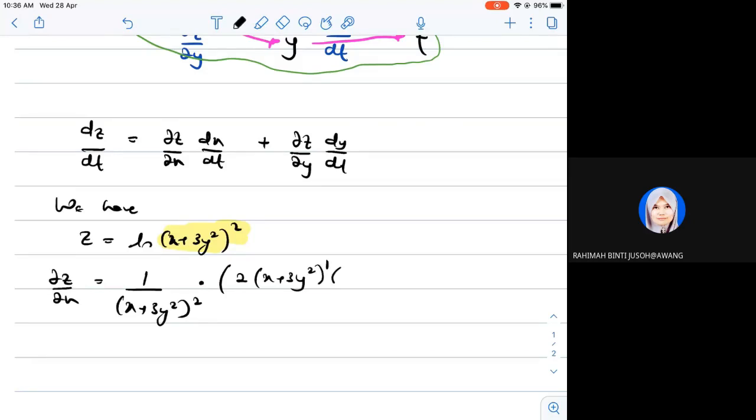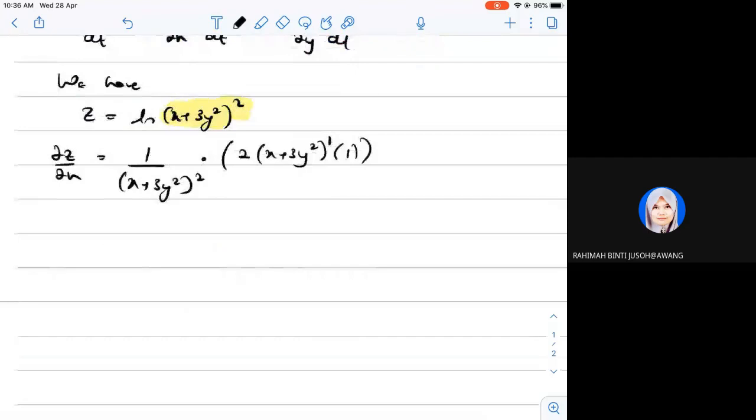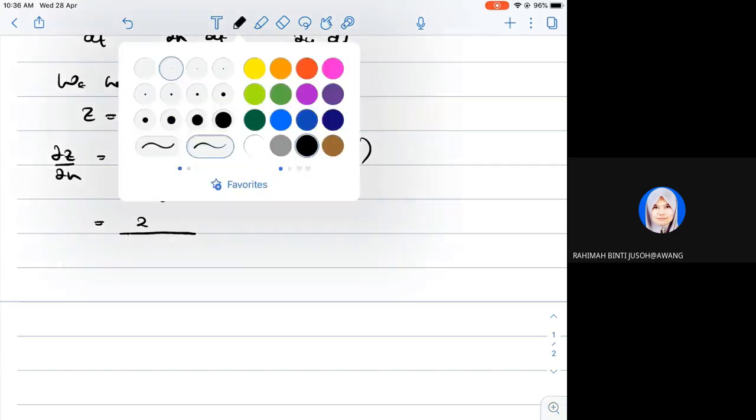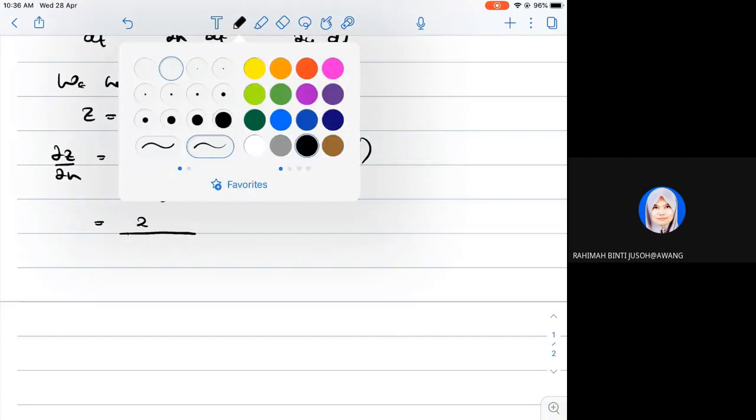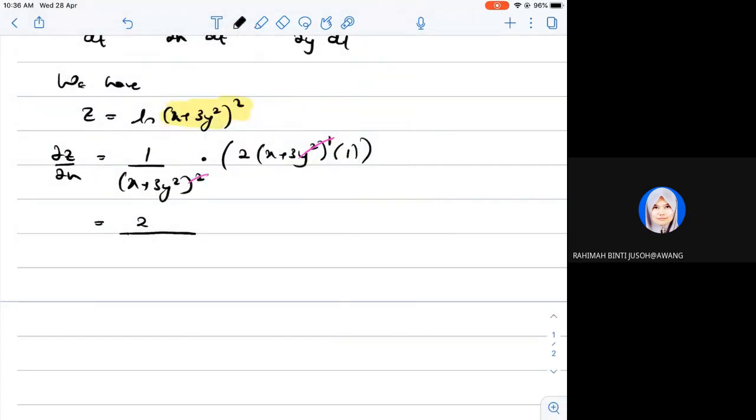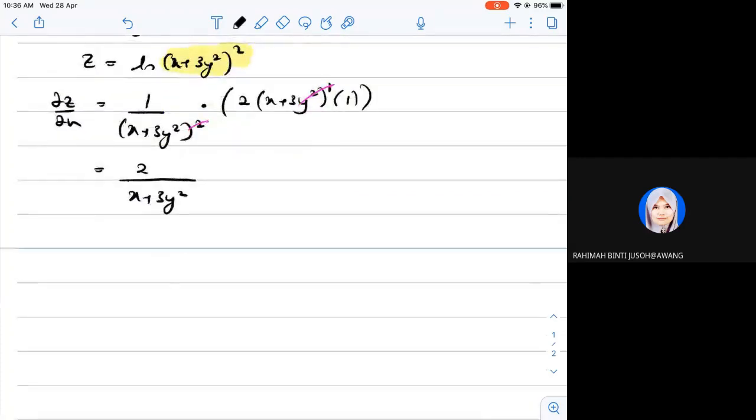So darab apa guys? Multiply with 1. Yes, differentiate x, right? So from here we will have 2 over, so this can be cancelled, the power here is power 1 and here is power 2. So we just have 2 over x plus 3y squared, like this. Okay, next we need to find del Z del Y.